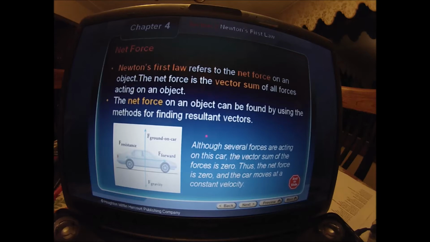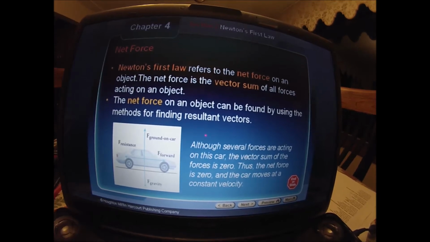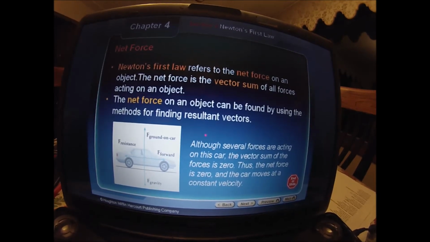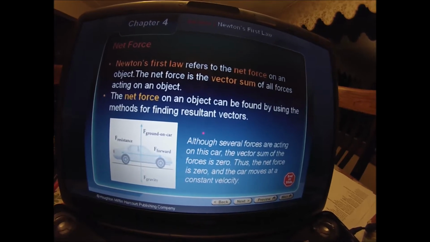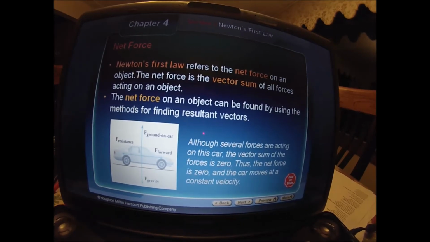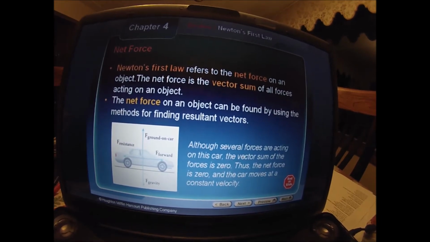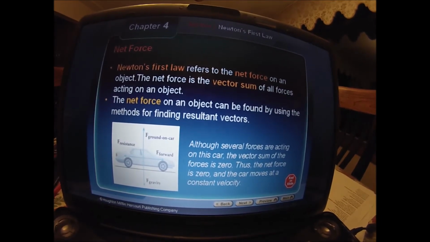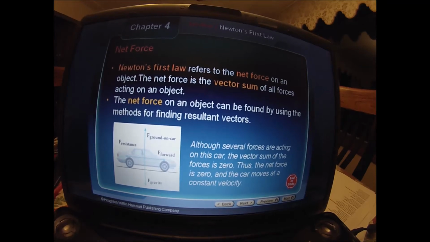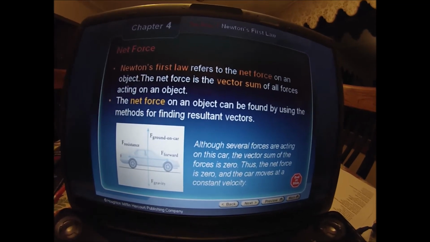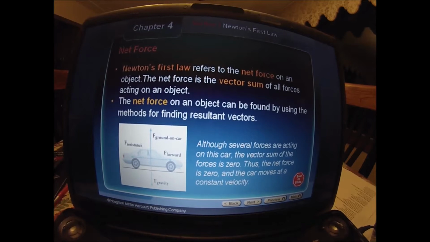Also, the car is experiencing a forward force and a resistant force between the friction of the tires and the car in the same equal backward direction. Therefore, the sum of all the vectors is 0, so the car is moving at a constant net velocity of 0.